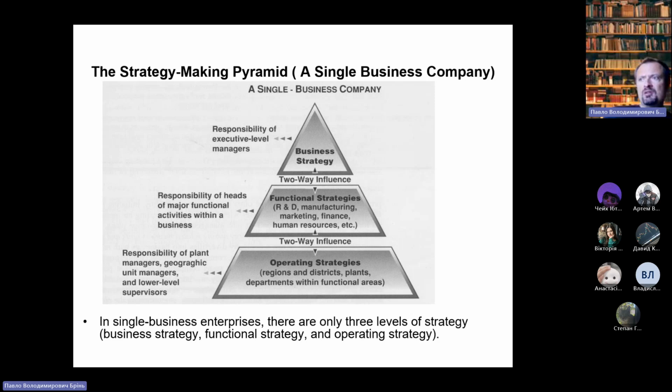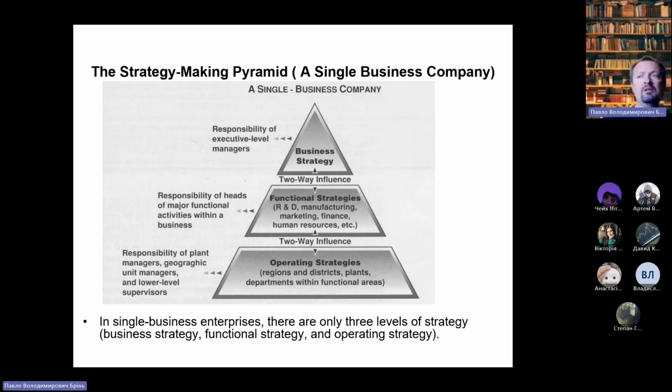Usually students ask me whether the type of a company has a strong relationship with the size of the company. And I would say no. We can find examples of a big single business company.